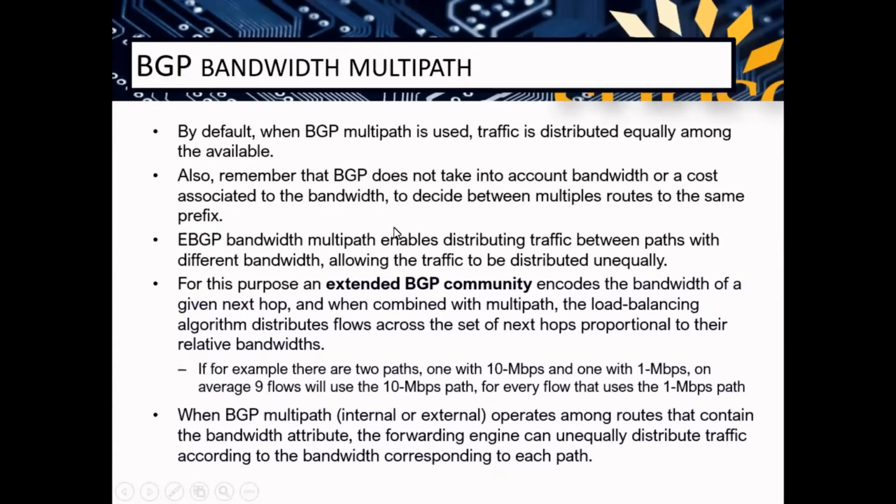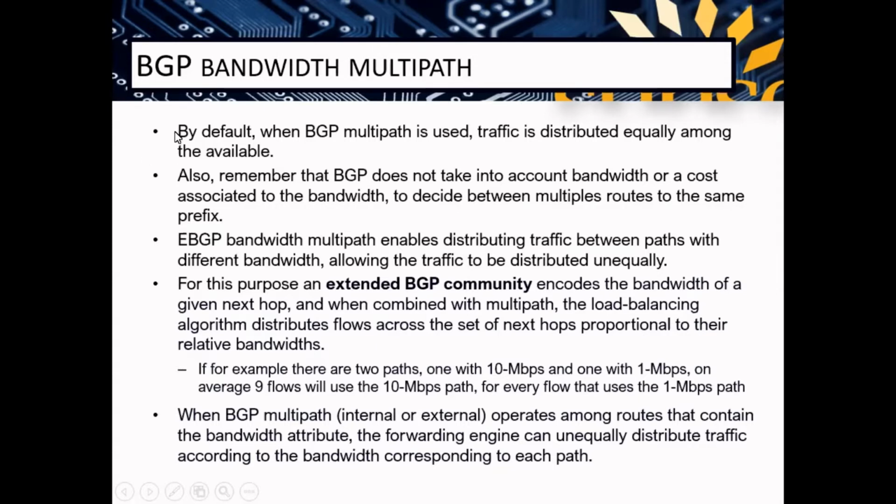So there could be a situation where I have 2 routes that from the point of view of BGP are equally good because they have the same attributes, but the bandwidth is not the same. So I would like to be able to distribute the traffic based on that actual bandwidth.